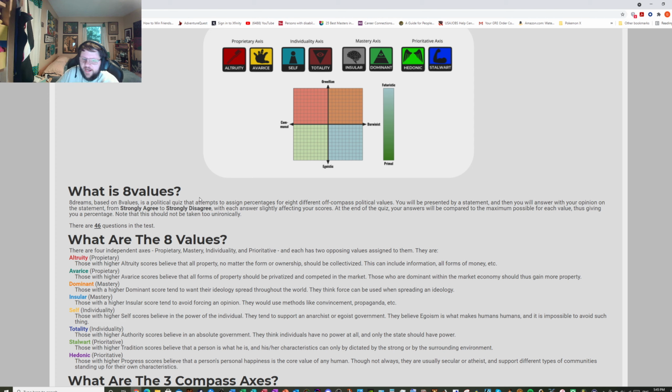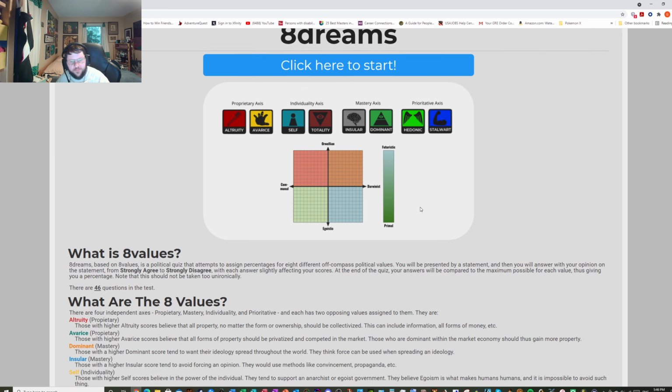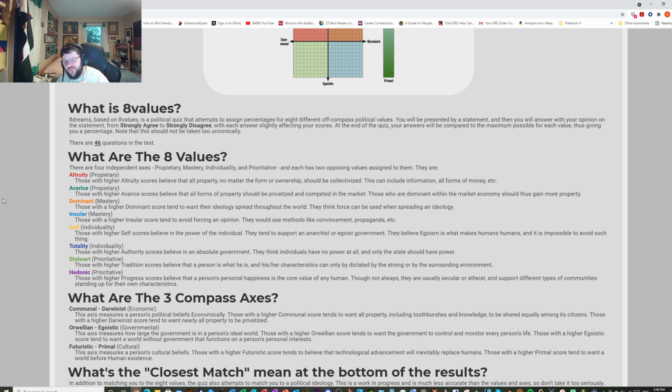There are 4 independent axes: proprietary, mastery, individuality, and priorative. Basically, this combines the 8 values quiz format with the political compass format, with a sliding little bar format.